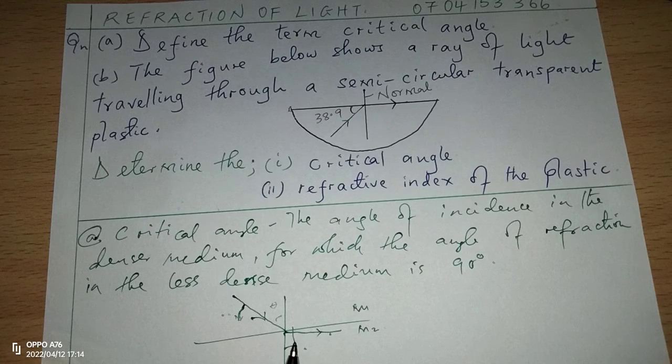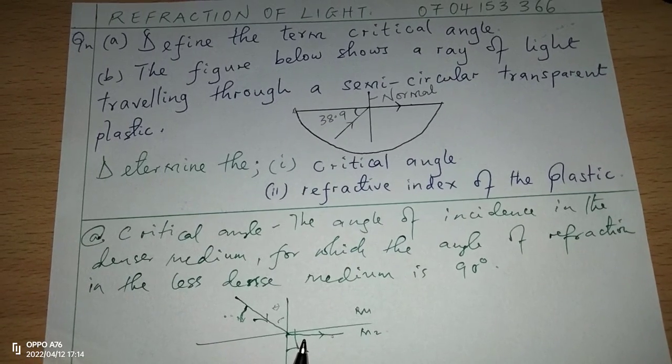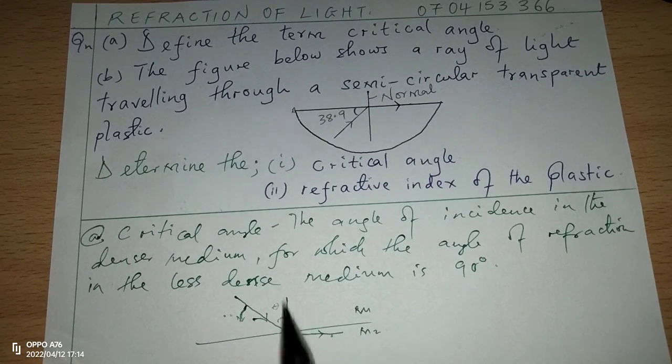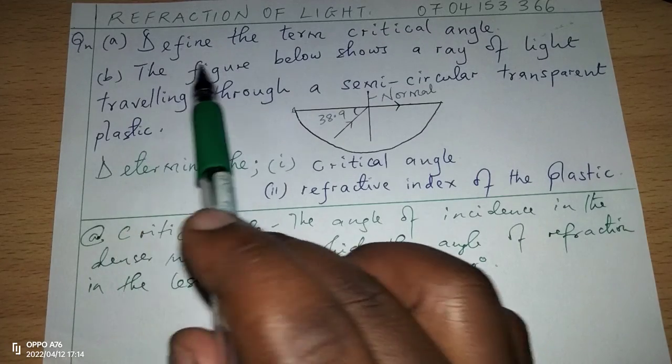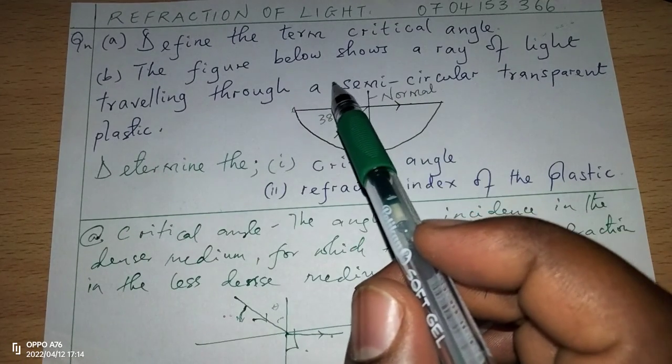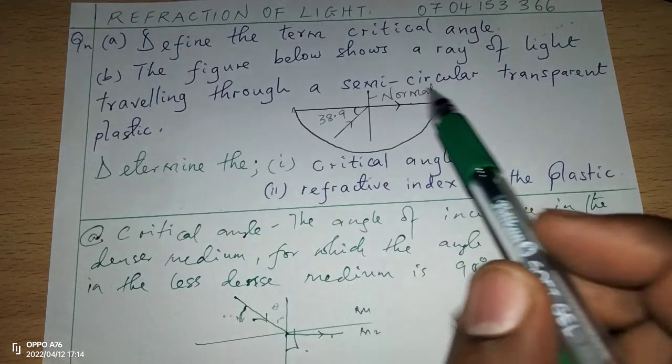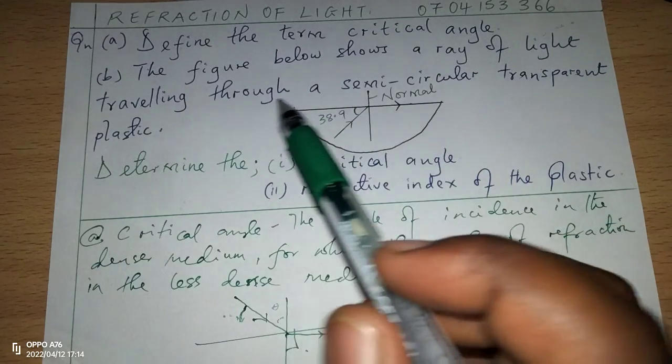Therefore, critical angle is the angle of incidence in the denser medium for which the angle of refraction in the less dense medium is 90 degrees. Then we are given in part B that the figure below shows a ray of light traveling through a semicircular transparent plastic.